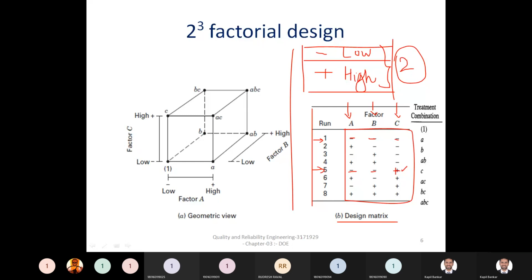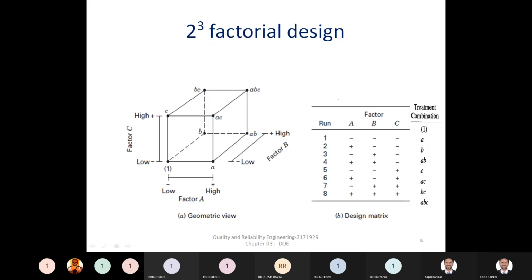Suppose, how can you set this value? So that can also be illustrated by this column. Here, the treatment combination comes from this geometric view.